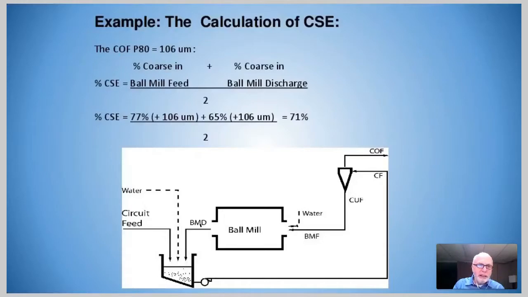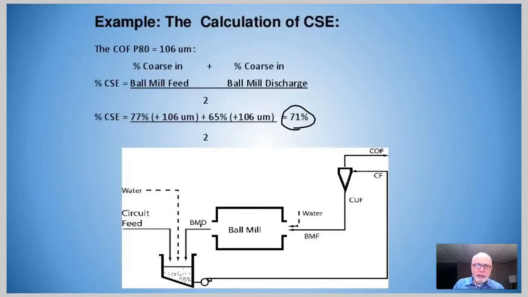In this example, it's 77% plus 106 micron. Take a sample of the mill discharge, 65% plus 106 microns. And we take the average and come up with the overall estimate of 71%. This is the percentage of material in the mill coarser than the P80. And it tells us the portion of the total mill power consumption which we are effectively using.